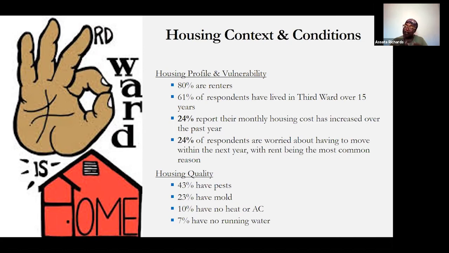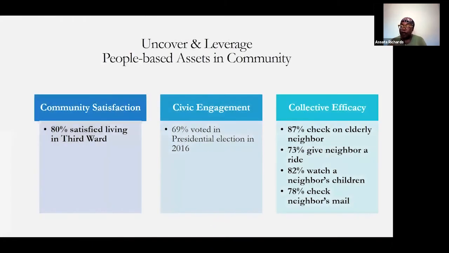And in their personal lived experience, 43% of the residents have pests. This is a door-to-door study. 23% have mold, no heat or AC, 7% have no running water. So we're talking about really challenging conditions, and this is pre-COVID. We understood that our residents were under a lot of stress and that the conditions were challenging, but this validated it.